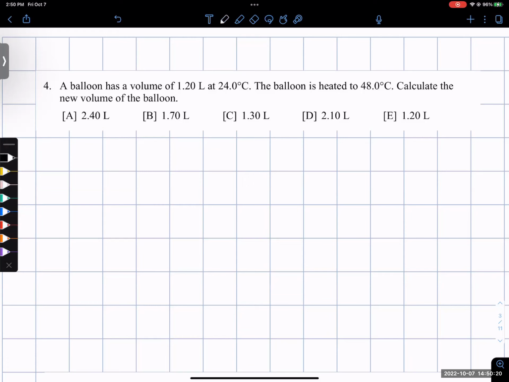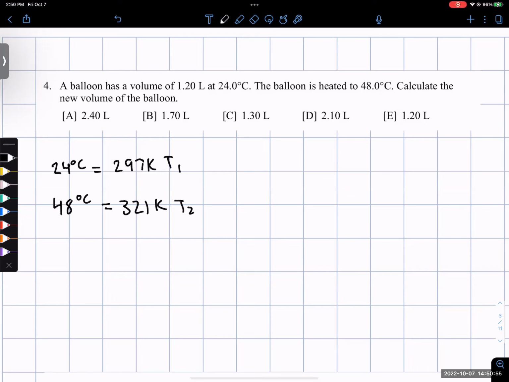So I'm gonna start converting my temperatures to Kelvin, so 24 degrees Celsius equals what in Kelvin? I should know that. Okay. This is T1.